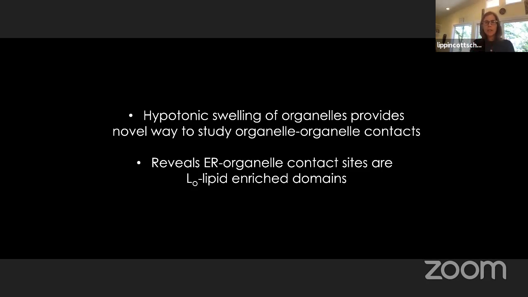Surprisingly, many of the tethering proteins that we've looked at still remain associated with the membranes and offer a very interesting strategy for then understanding more about these ER organelle contact sites. And what our data is suggesting is that those contact sites are areas of preferential liquid ordered enrichment.